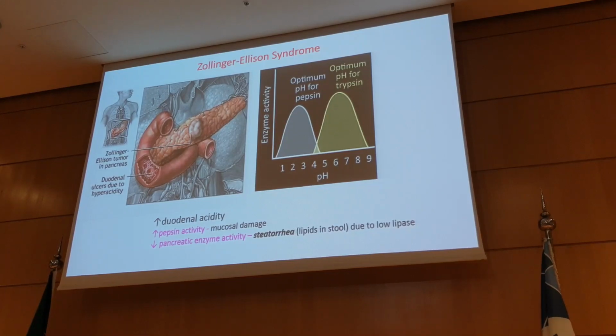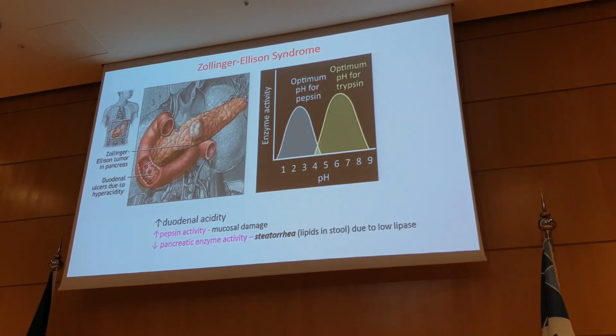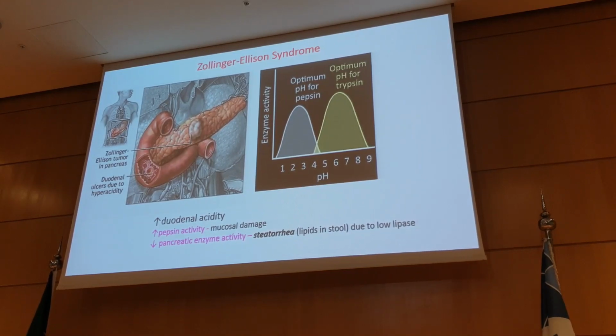Steatorrhea will be noticed by everyone. It's a gray-colored stool, okay, sticky, not that you're going to touch it, but it'll stick to the bowl. But the most obvious sign is it stinks. It smells terrible. They say malodor. So if you have steatorrhea, it may not be diarrhea, you know. If you have steatorrhea, you'll know about it.